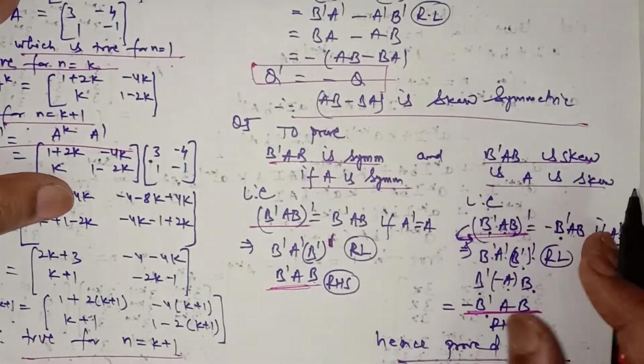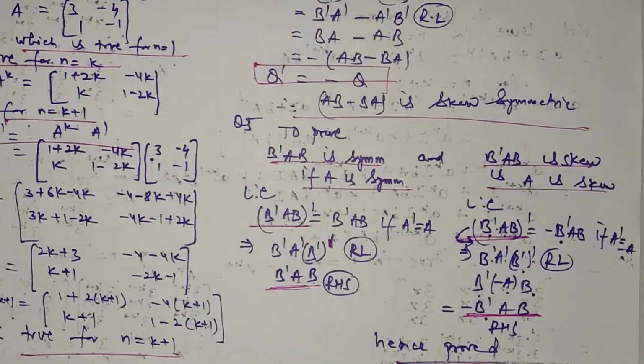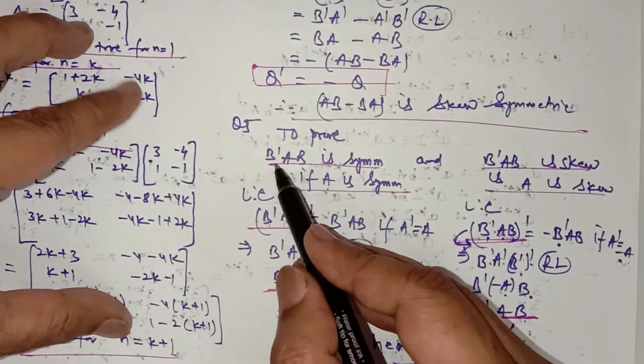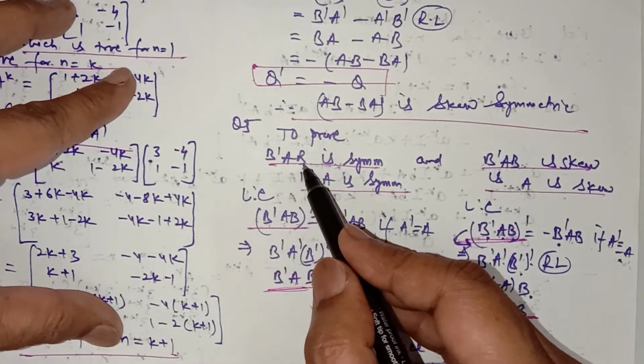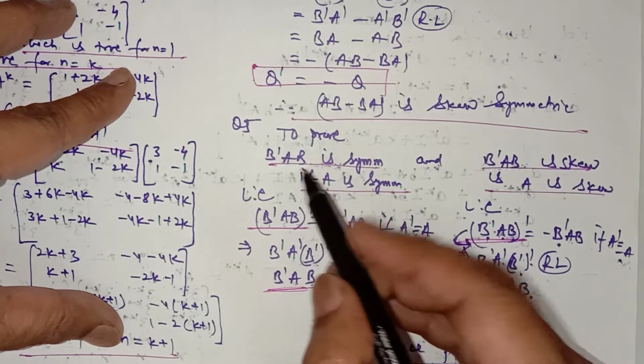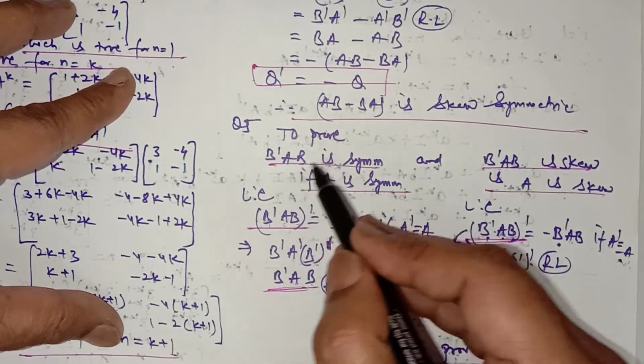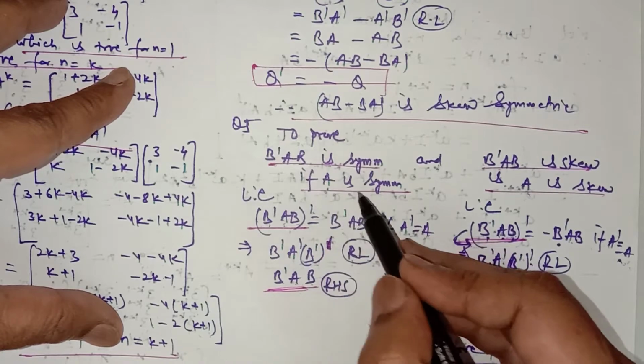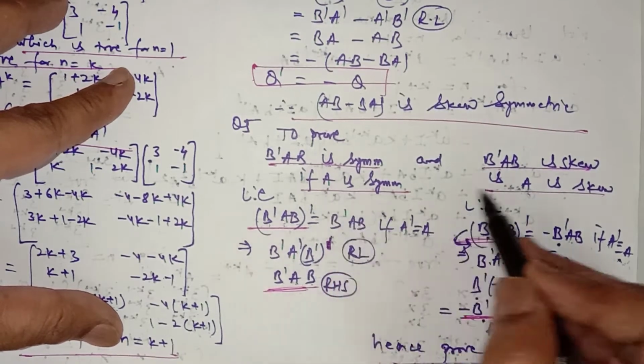Now question number 5, read it very carefully. You have to prove that B transpose AB is symmetric if A is symmetric, and B transpose AB is skew symmetric if A is skew symmetric. So there are two parts in this question.